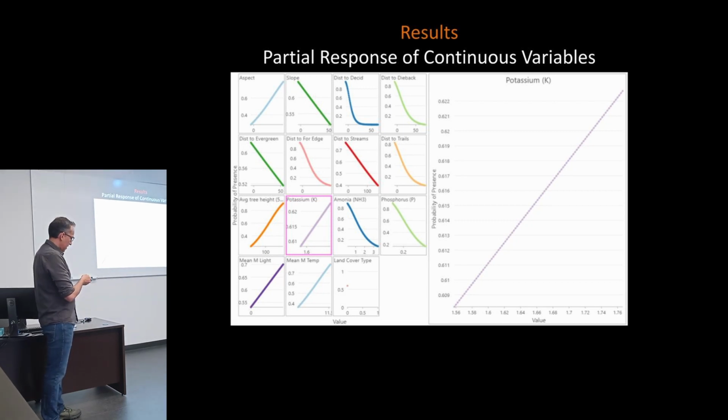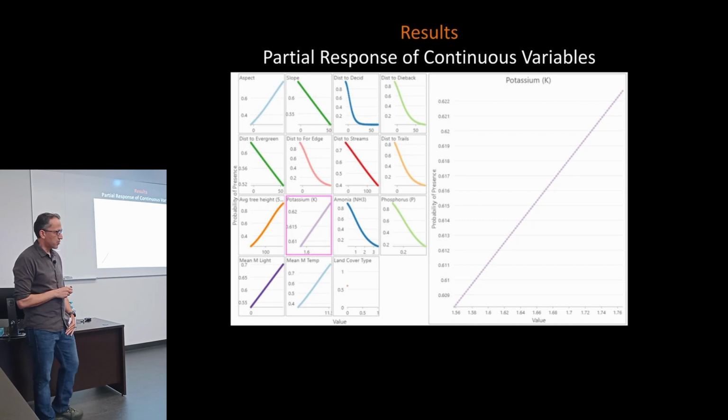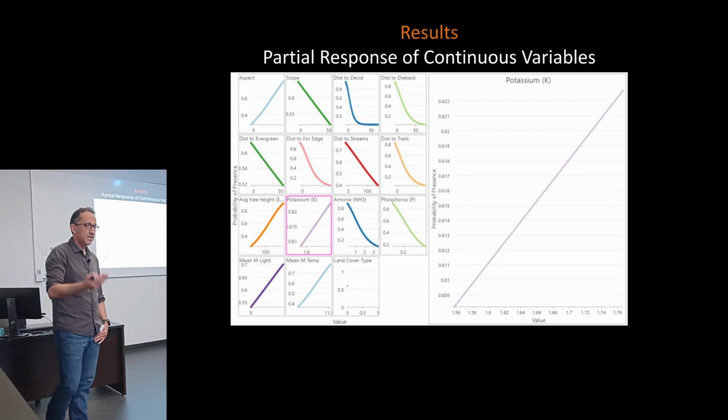In this case, for example, some things that pop out to me from this graph are some of these relationships with the type of forest communities. This is something we already identified in our previous research, but it is confirming what we saw earlier, that distance to evergreen trees is an important factor that contributes to the probability of finding holly.